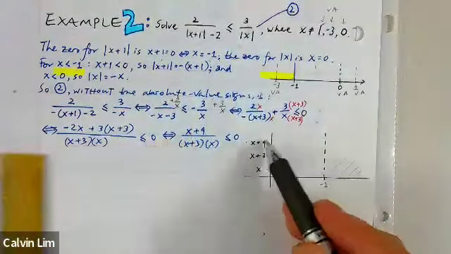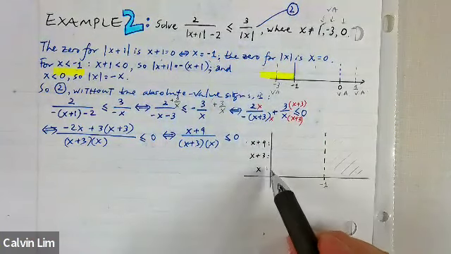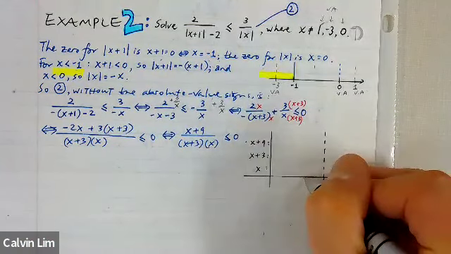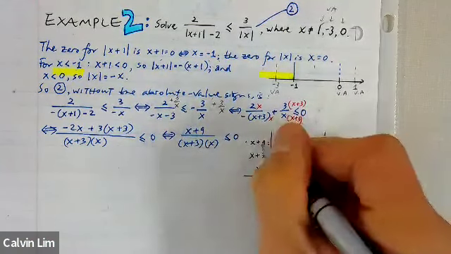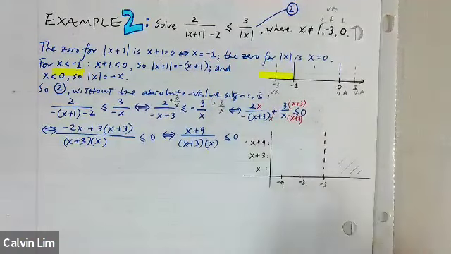Now I'm going to put down the zeros for each of these factors. x equals 0 is on this side, so we don't need to worry about that. The zero for x plus 3 is -3, and the zero for x plus 9 is -9.